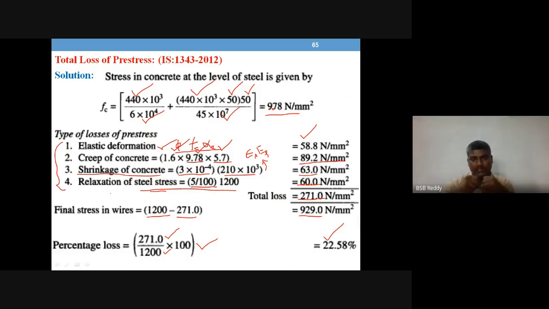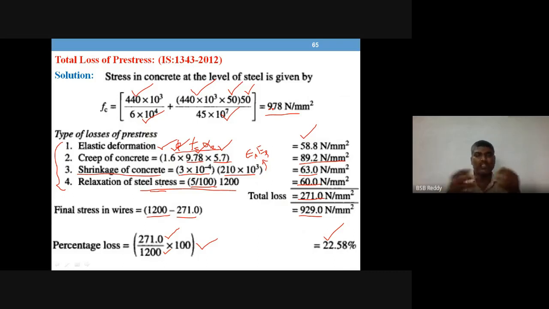Once the tendon is tensioned, we pour the concrete, it gets hardened, and we cut the wires, and the concrete holds the steel tightly. There is a bond there. So that is how it is.